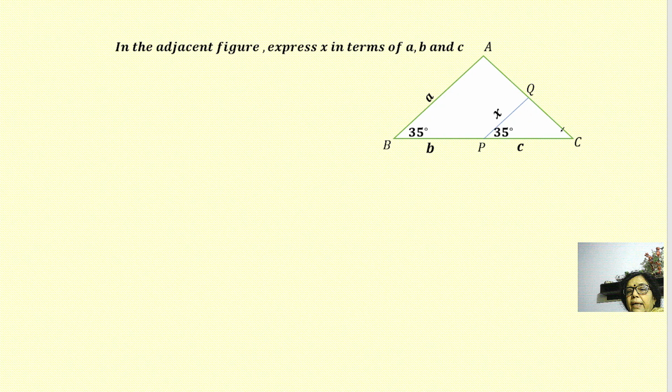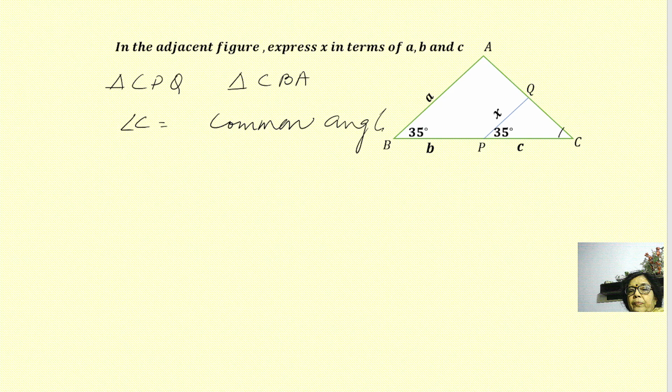And this angle C, if I talk about the triangle CPQ and triangle CBA, we have angle C is the common angle in both the triangles. Then we have angle CPQ equal to angle CBA. It's given as 35 degrees. So both these angles become equal.